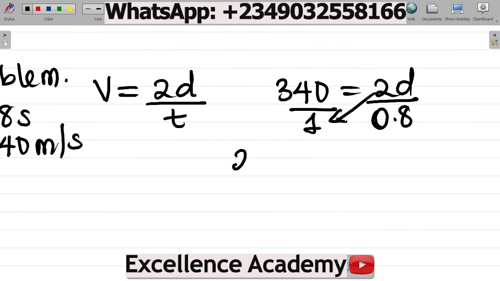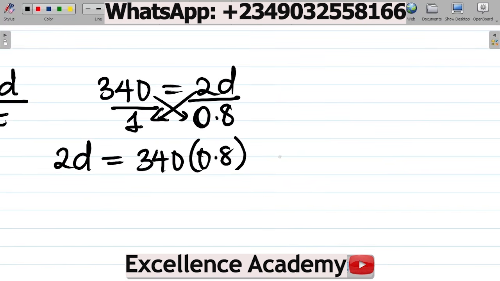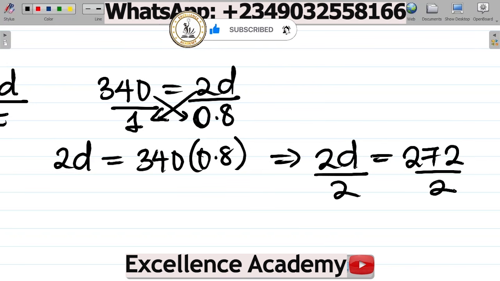2D times 1 gives you 2D is equal to 340 times 0.8. Now, working with this, 2D is equal to 340 times 0.8. That gives you 272. Divide here by 2, divide here by 2.